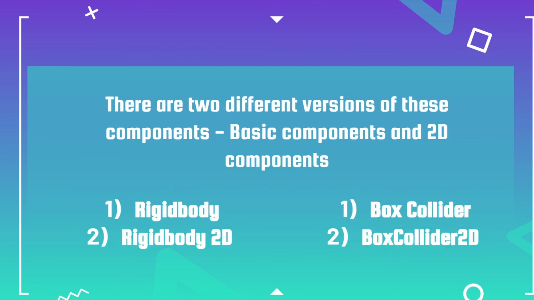There are two versions of these components: the basic version, which is the 3D rigid body, and then the 2D component. If you're working with 2D objects, you want to use only 2D rigid body components and only 2D collider components. If you're working with a 3D object, you will use the plain rigid body without 2D and the plain collider without 2D.